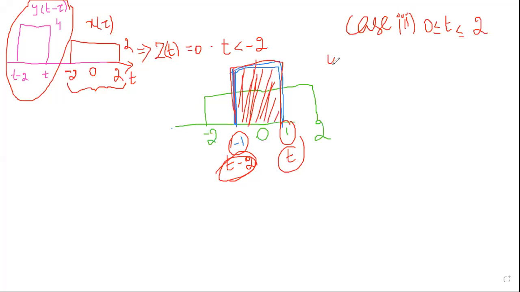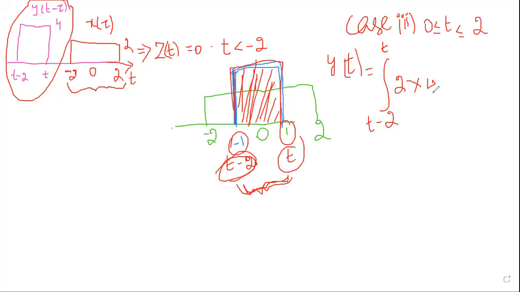Can I write my answer y of t is equal to integral. Can anybody guess and tell me now what is the exact range of the interval here? The limits? So it is t minus 2 to t. And you know the amplitudes are numbers.